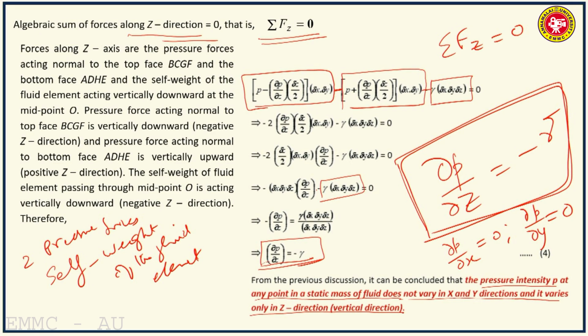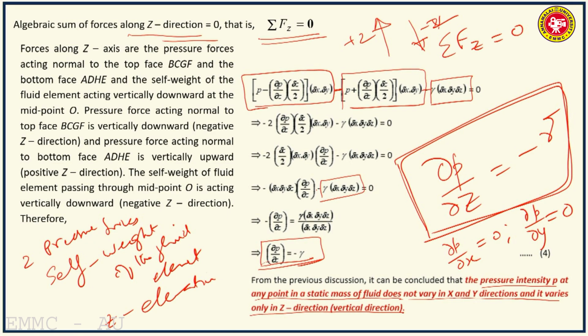What is z direction? Positive z direction means it is vertically upward. Negative z direction means it is vertically downward. So when I say ∂P/∂z, z represents the elevation. Elevation means you are moving from the bottom to top.